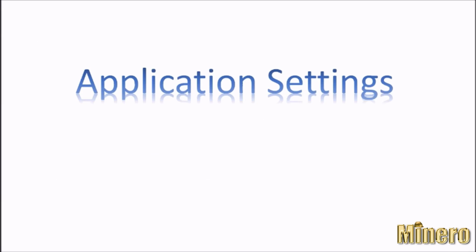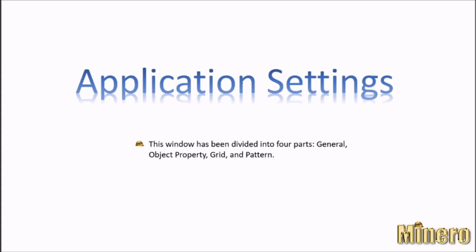Application settings. This window has been divided into four parts: General, Object Property, Grid, and Pattern.